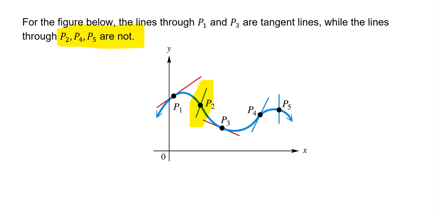P2 is touching the curve, but it does not have the same direction. P5 is touching the curve again, but not in the same direction. P4 is very close. It's touching the curve, and the line is increasing, and so is the curve. But the direction seems to be off. It seems like the tangent line would be a little bit less steep. The one that I'm drawing in here now, the red one, seems to be more of the tangent line. So it's close, but not quite.